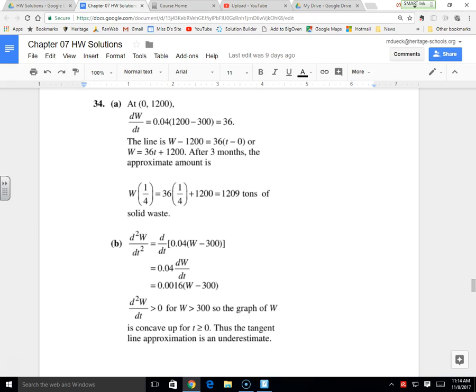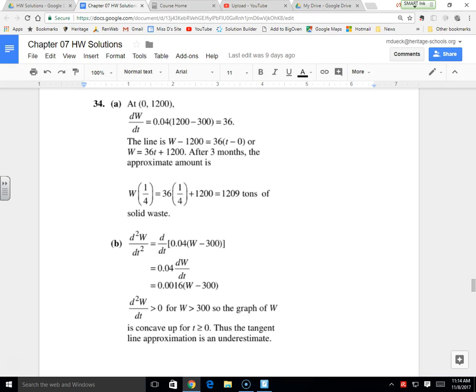But, kiddos, how can you figure out if a tangent line approximation is an over or under estimate? You must look at the concavity. True. If the second derivative is negative, concave down, every tangent line will be an overestimate.